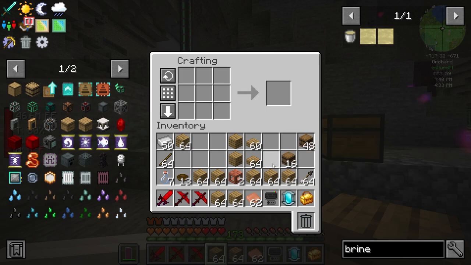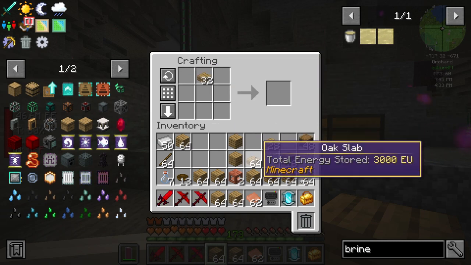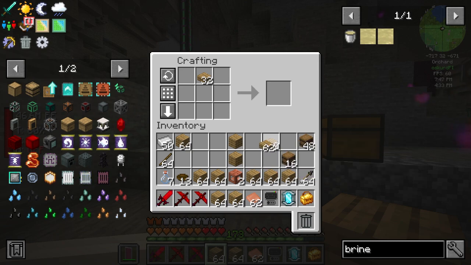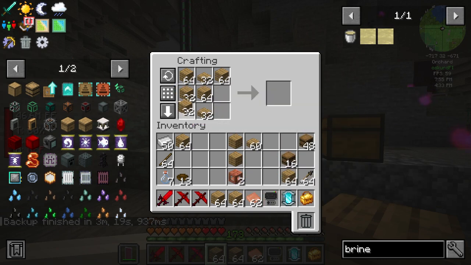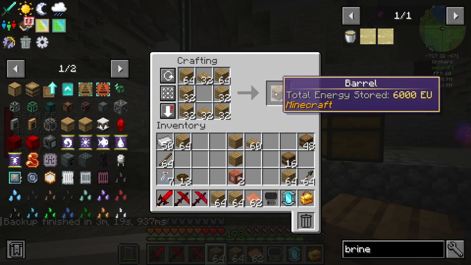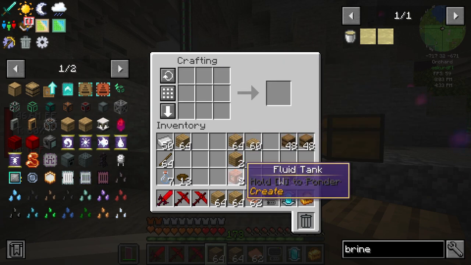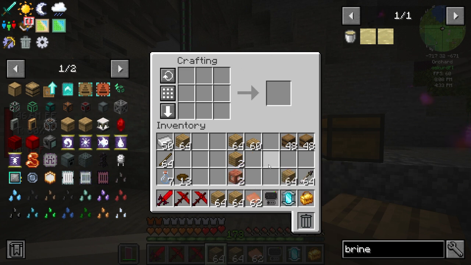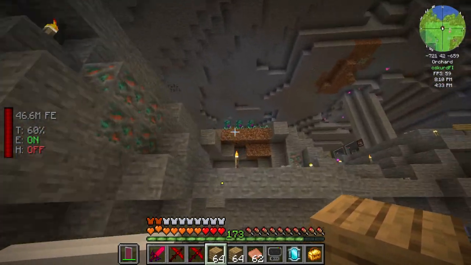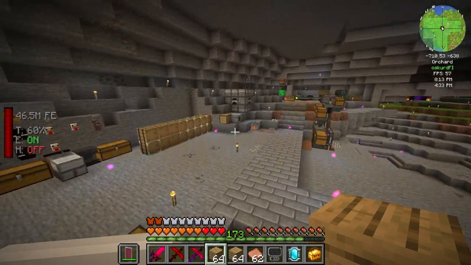We need 32 more. So now we have 48. Of course, we had already these 2 fluid tanks, which we don't use right now. But it's fine. It's all fine.